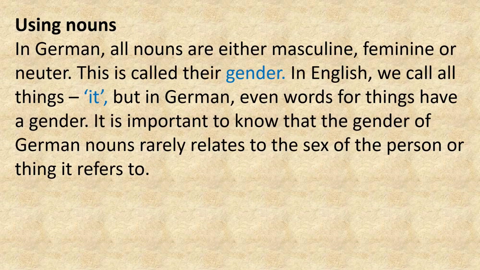In German, all nouns are either masculine, feminine, or neuter. This is called their gender. In English, we call all things "it". But in German, even words for things have a gender. It is important to know that the gender of German nouns rarely relates to the sex of the person or thing it refers to.